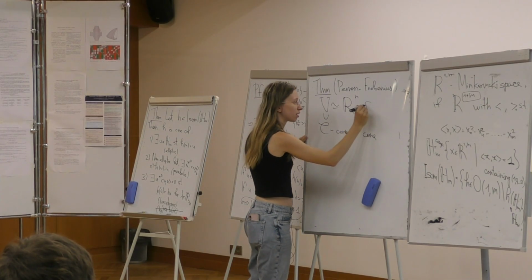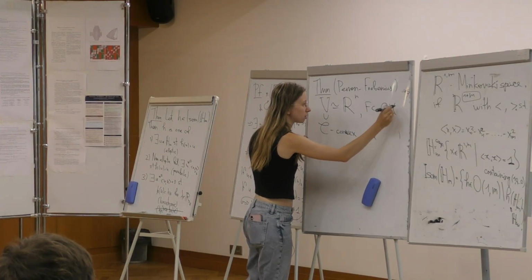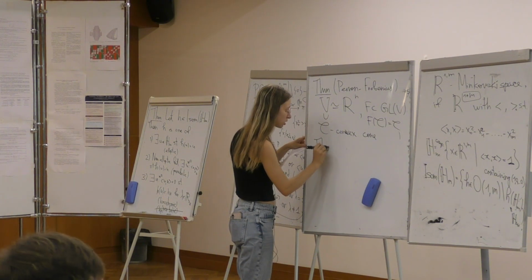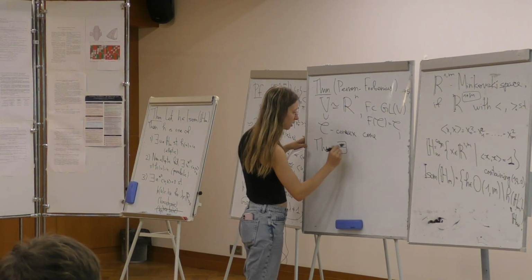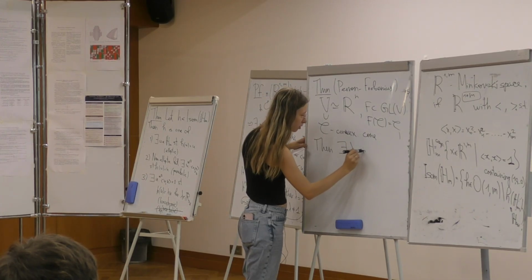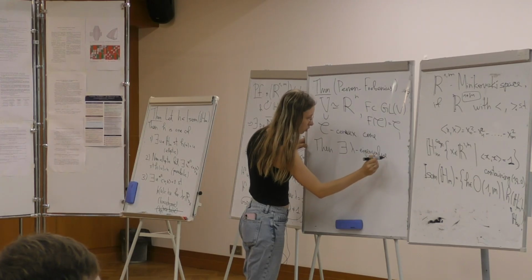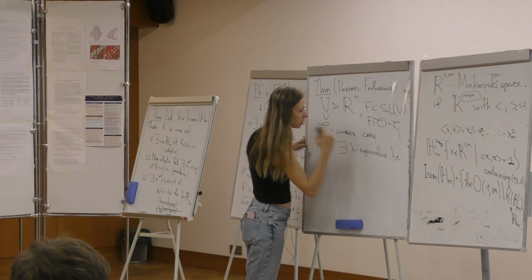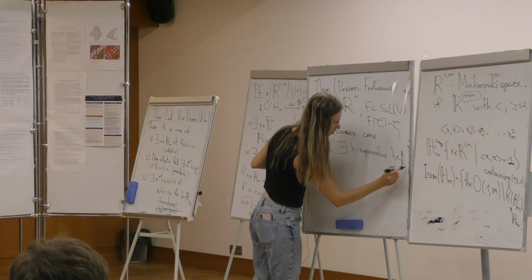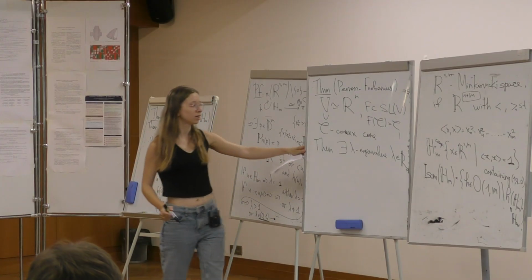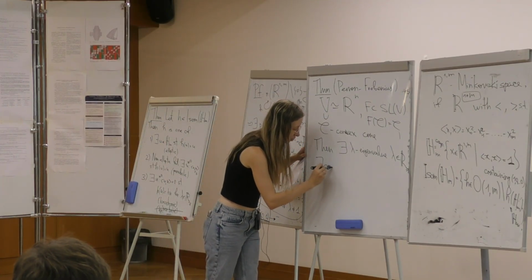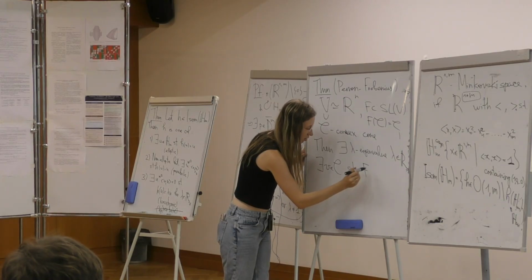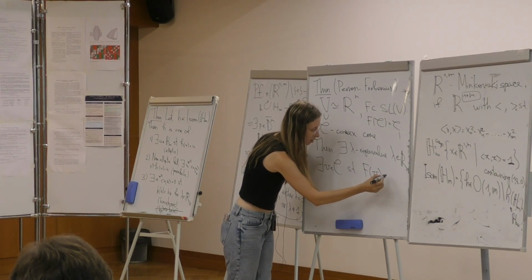And we have f inside GL of V such that f of C equals C. Then there exists a real eigenvalue lambda greater or equal to 1, and there exists an eigenvector v inside C such that f of v equals lambda v.